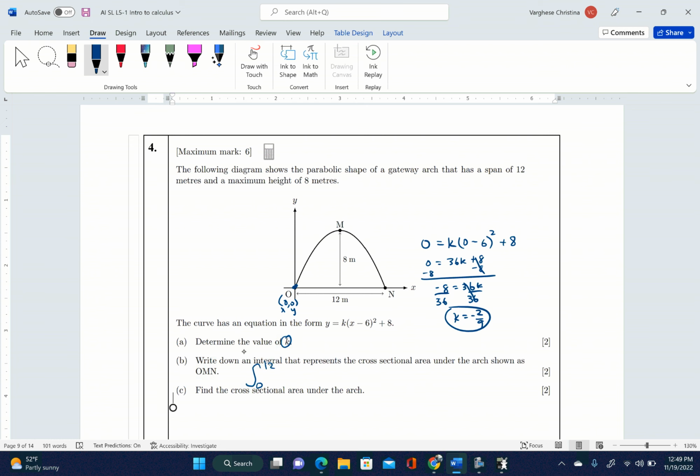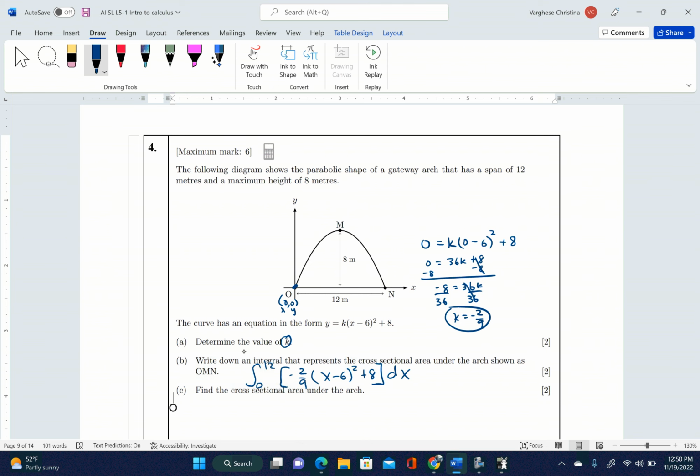Okay, I'm going to go ahead and put in my function, which now I know that k is equal to negative 2/9. So I'm going to put negative 2 over 9, right? Because that's k, parentheses x minus 6 squared plus 8, and then I'm going to put dx.